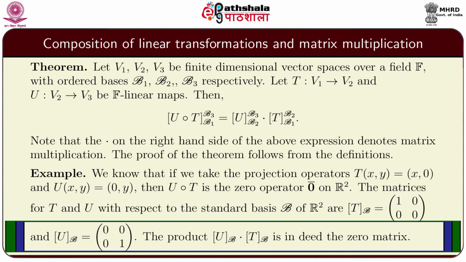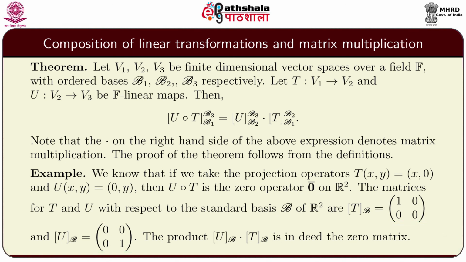We have already seen that the composition function is the 0 linear transformation, the 0 operator on R2, and here we can verify that the product of these two matrices is also nothing but the 0 matrix.